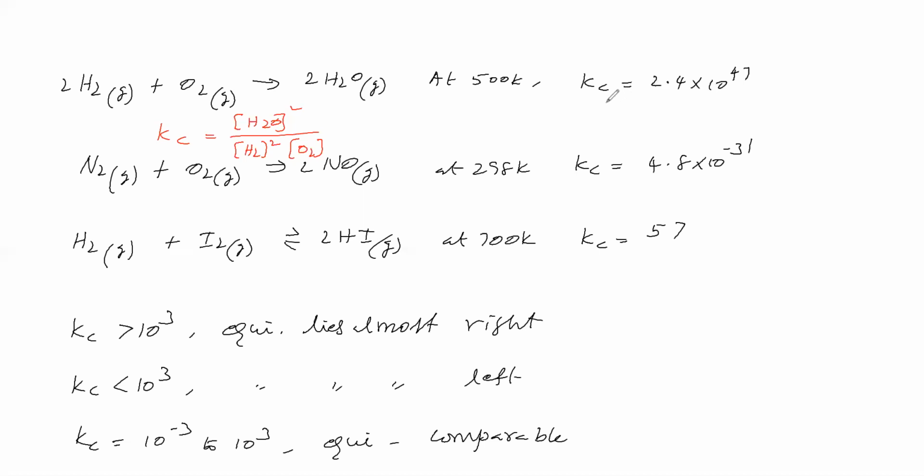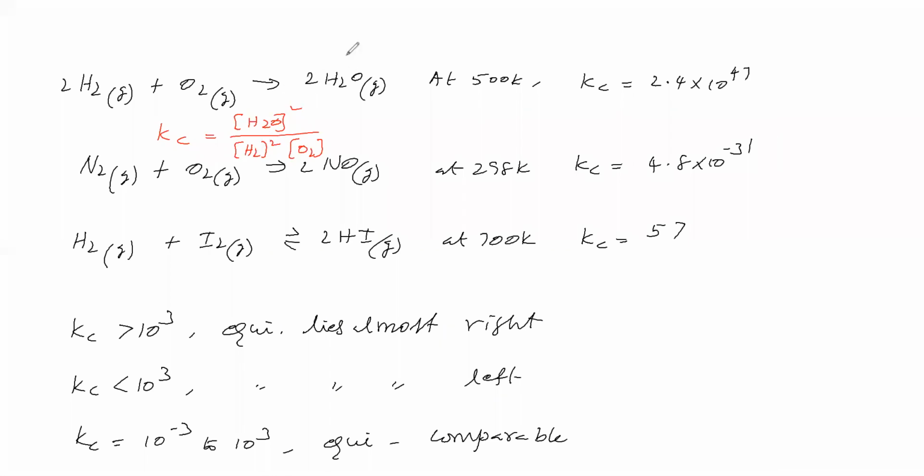Now you see that the equilibrium constant is 10 power 47. That means this numerator concentration is roughly 10 power 47 times that of the denominator.